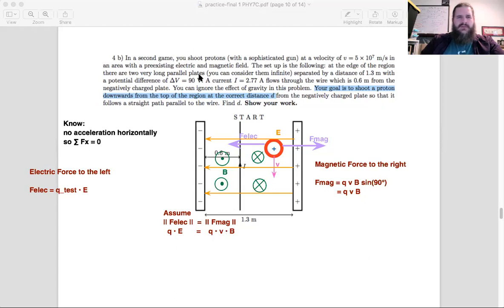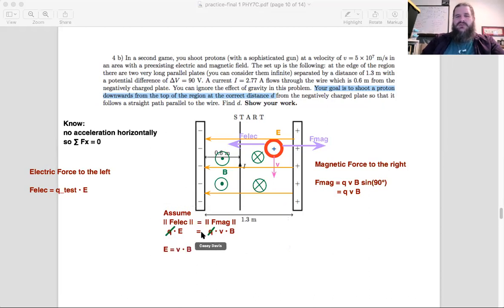Yeah, those cancel out. And that's convenient. It means we don't actually need to worry about what the charge is. In fact, it doesn't matter whether this is a proton or some other particle. In fact, it doesn't even matter whether it's positive charge or negative charge. Charge cancels out, so it doesn't matter one bit what this charge is, as long as there is some charge. We're left with electric field must equal speed times magnetic field.